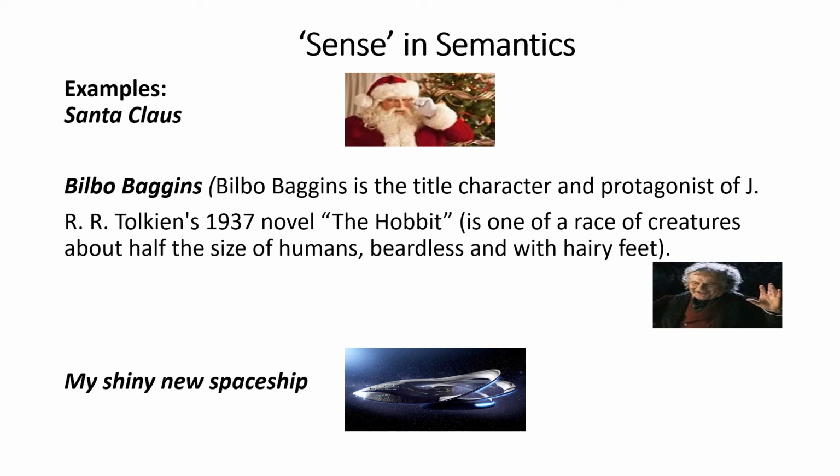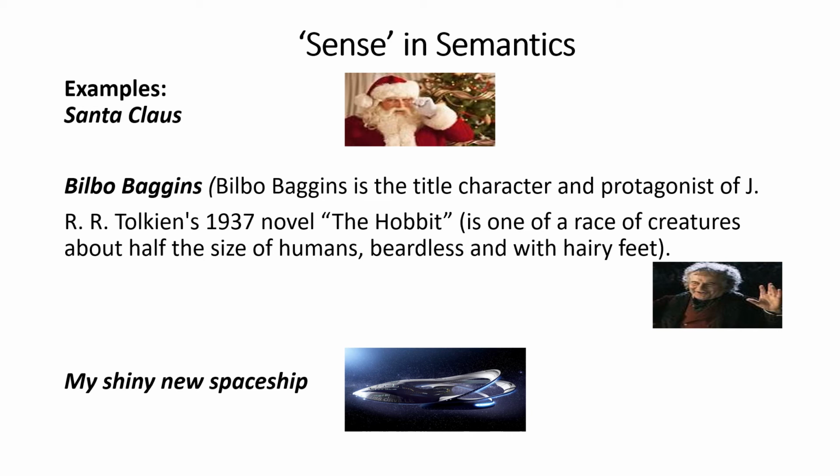Next is Bilbo Baggins. Bilbo Baggins is the title character and hero of J.R.R. Tolkien's novel, published in 1937. The name of the novel was The Hobbit. He is one of the race of Hobbits, creatures about half the size of humans, beardless and with hairy feet.